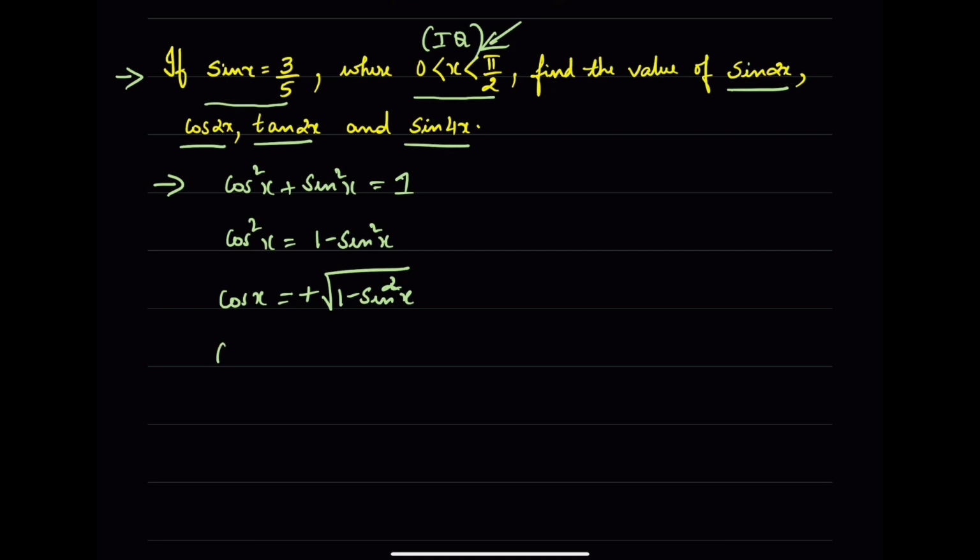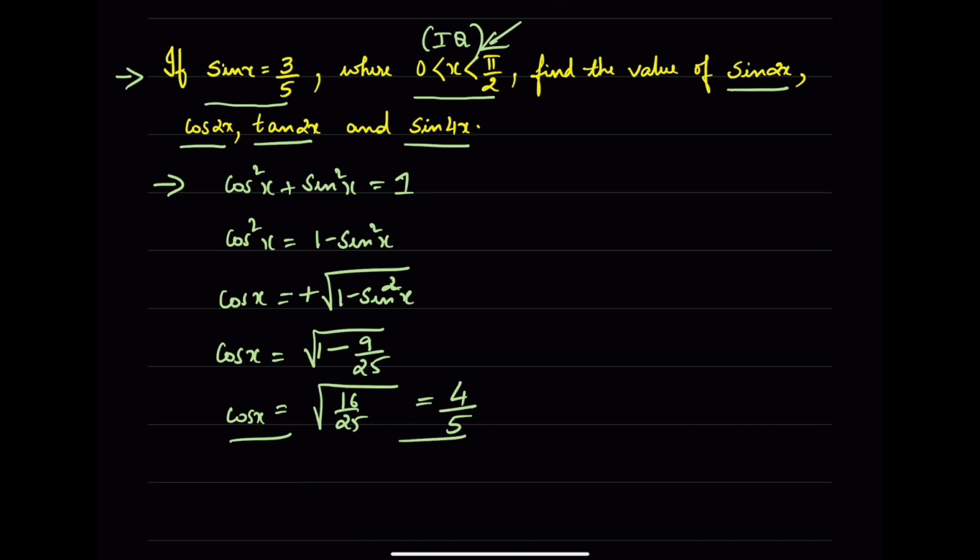Now if we apply the value, we get cos x is equal to the square root of 1 minus sin square x, which is 9 by 25. So this would be the square root of 25 minus 9, which is 16, by 25. So cos x is 4 by 5. Now we know the value of cos x.